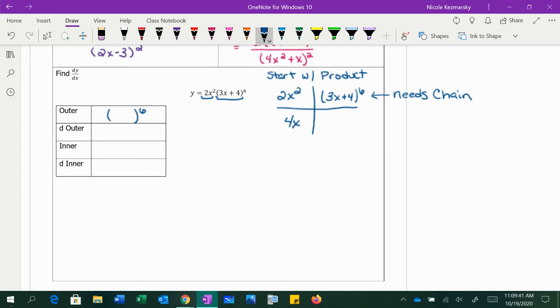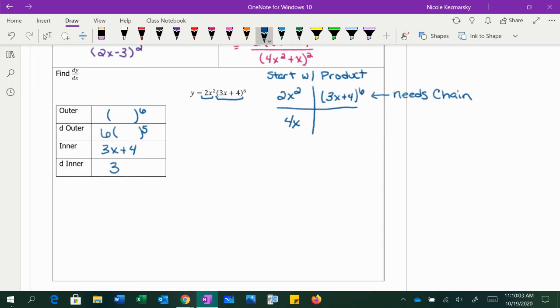The inner is what's inside the parentheses, so 3x plus 4. The derivative of something to the 6th power, I'm going to bring the 6 down, reduce my exponent by 1, so make it a 5 exponent. The derivative of 3x plus 4 is 3 plus 0.